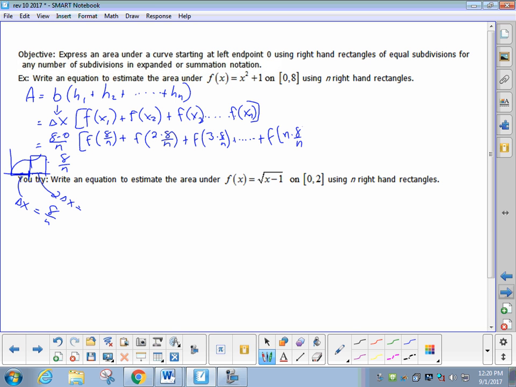Does that make sense that if I'm using right-hand rectangles, my last value would be at 8? Yeah. Okay. Well then, if I were so inclined, I could do a little bit more and call it something like 8 over n squared plus 1 plus 2.